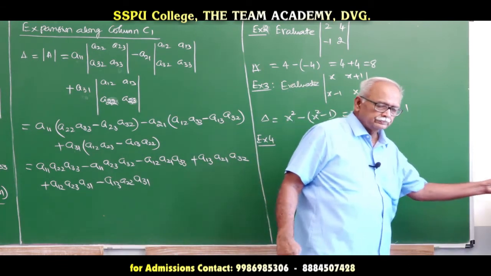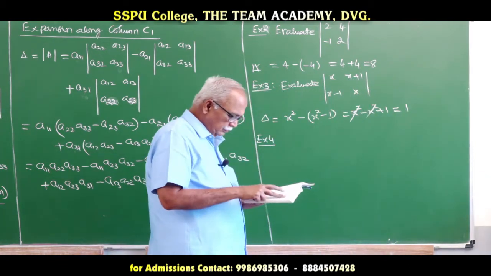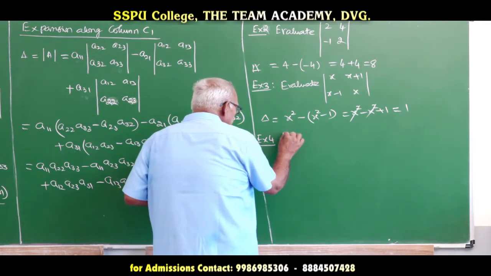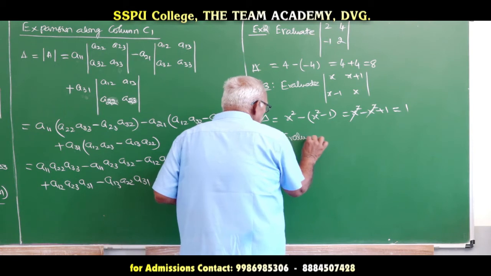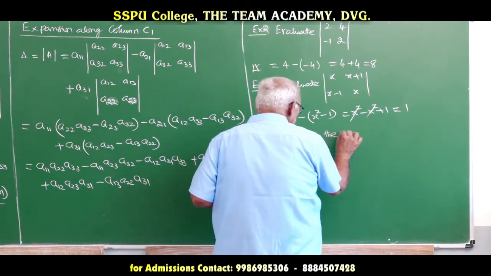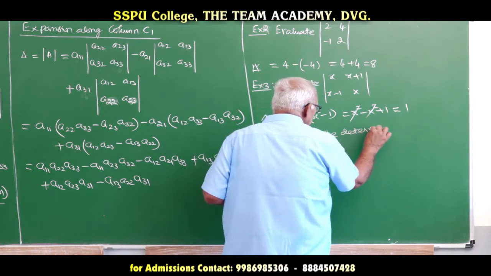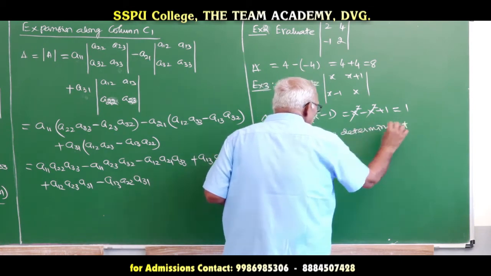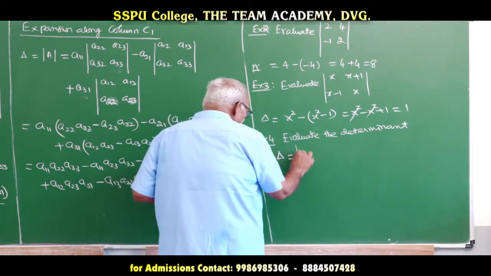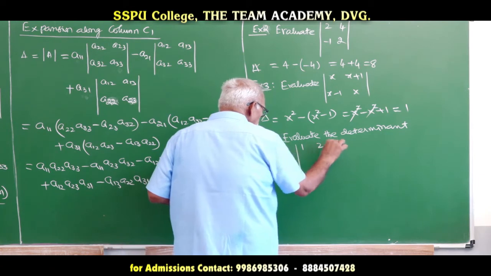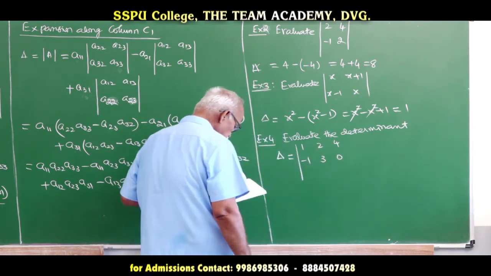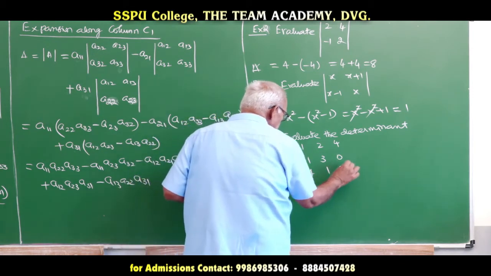Fourth one: we will take a third order determinant. Evaluate the determinant delta equal to 1, 2, 4 in the first row, minus 1, 3, 0, 4, 1, 0.